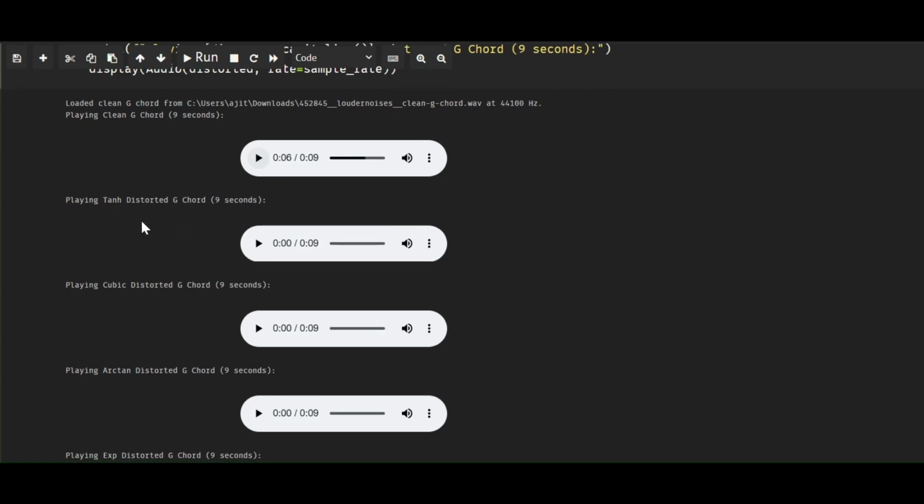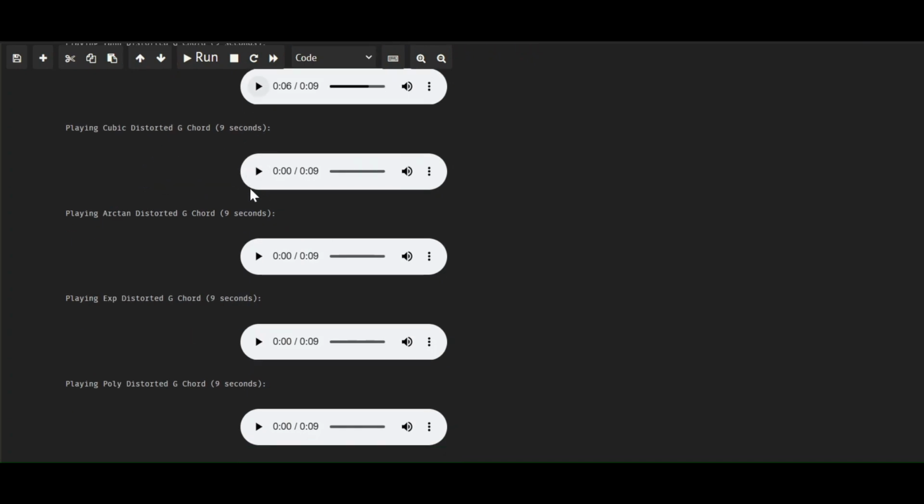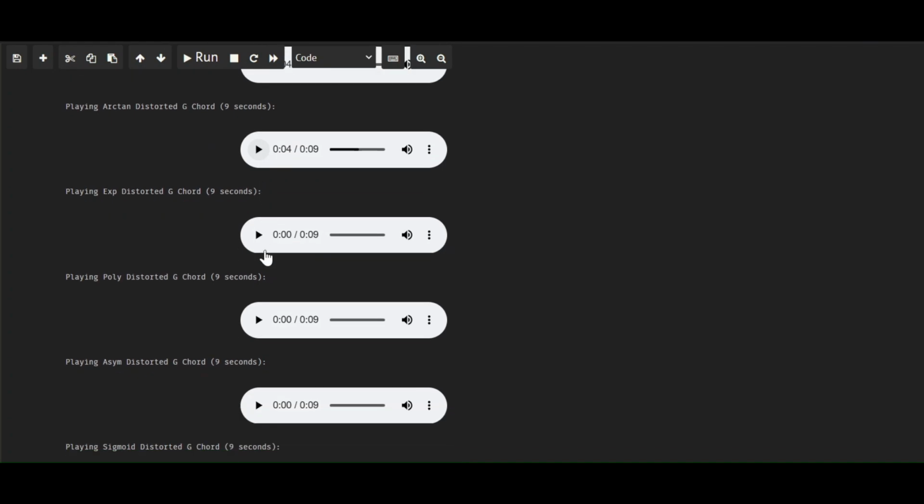This is after hyperbolic tan distortion. Bite to it. Then we have this cubic distortion. Arctan or tan inverse distortion. Exponential.